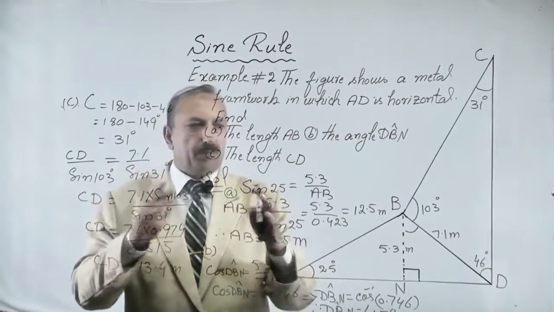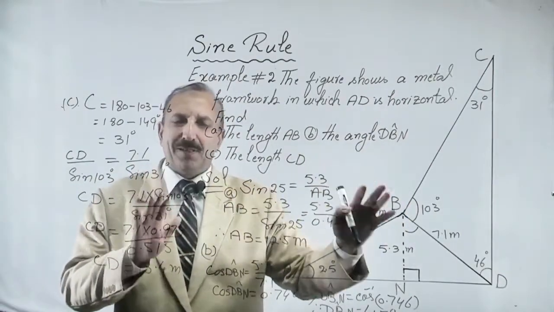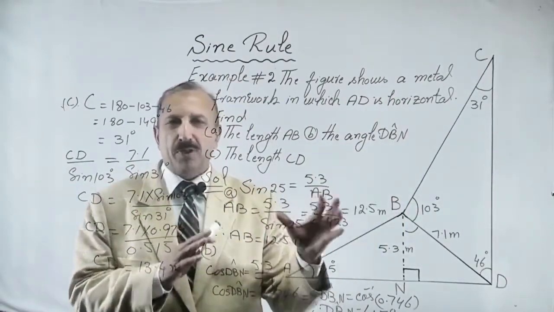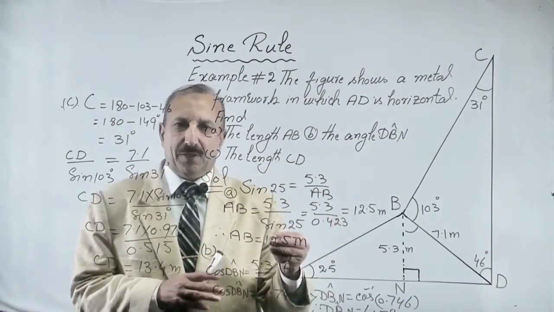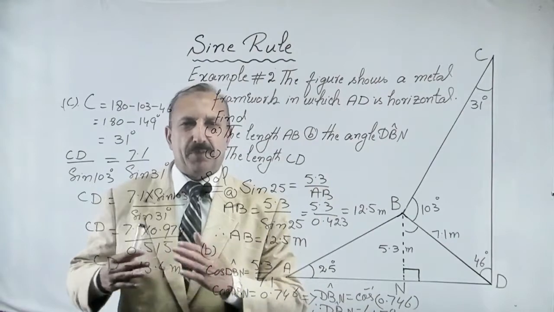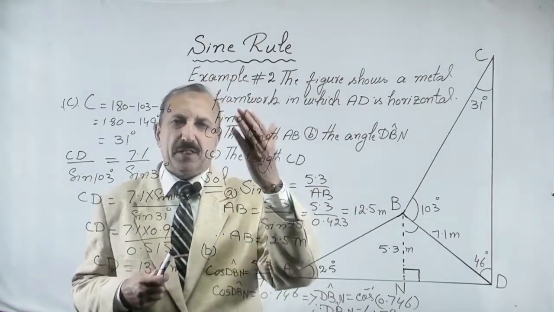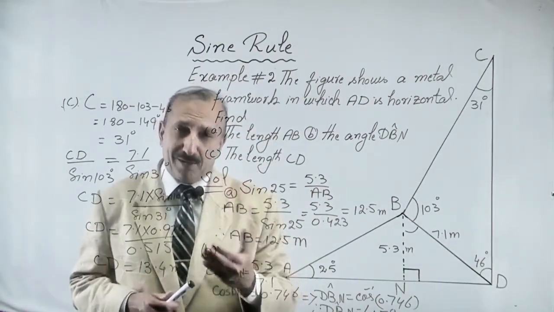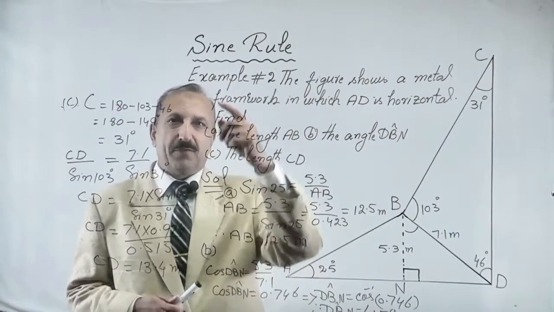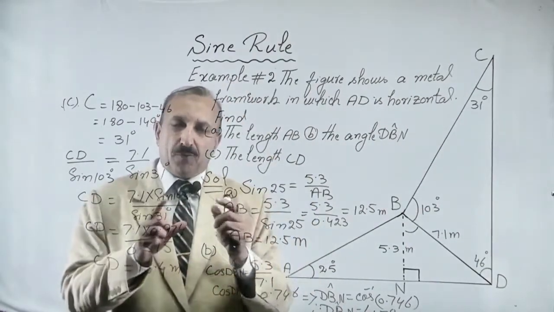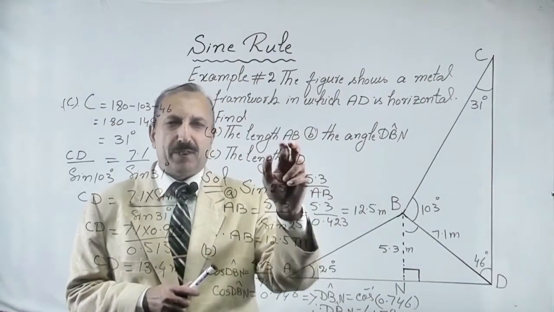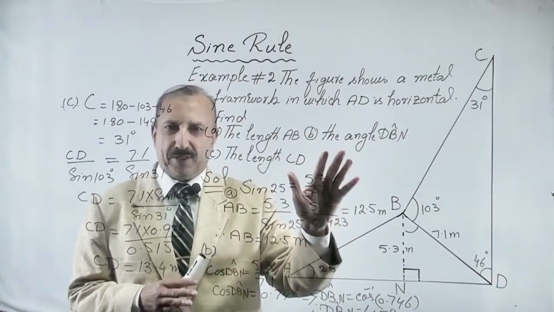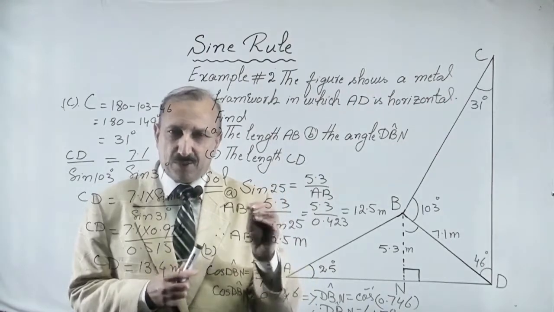From this problem, my dear, you can see that if you have a composite figure, different triangles are there, and we have now learned different methods, and the latest one, for a triangle where the right angle is not present, is the sine rule. So my dear, we will consider the triangle whose length or angle we are supposed to find. Just deal with that triangle.